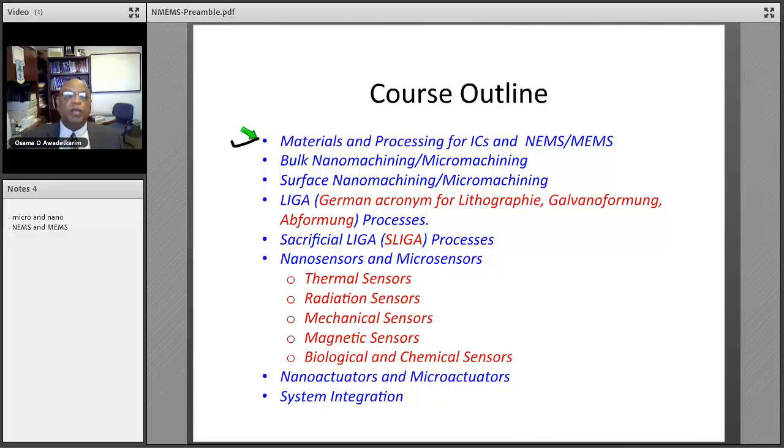Then we will be talking about fabrication processes, processes that are used to make NEM or MEM devices, or NEMS and MEMS, meaning systems. That is to say, a group of devices. And these fabrication methods or processes are included within these topics here.